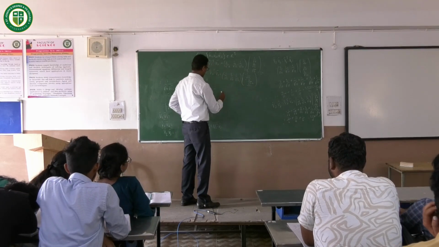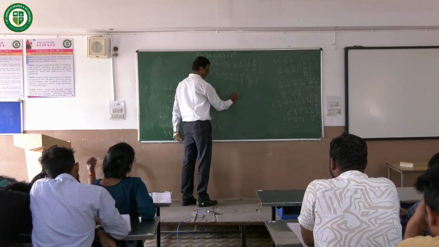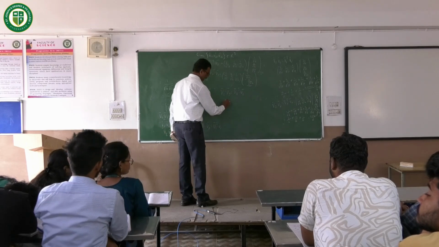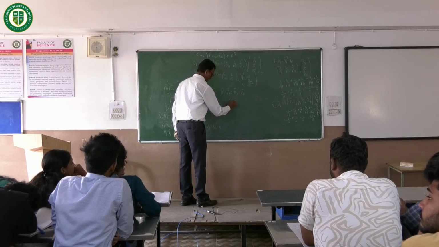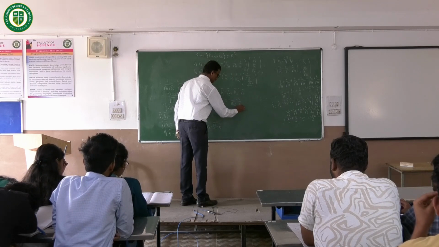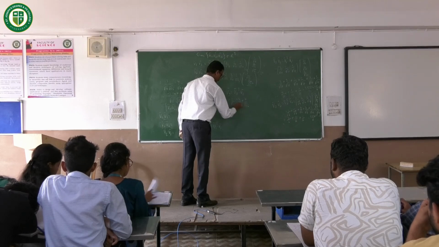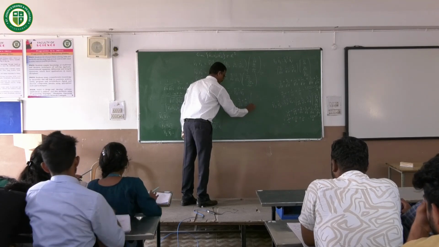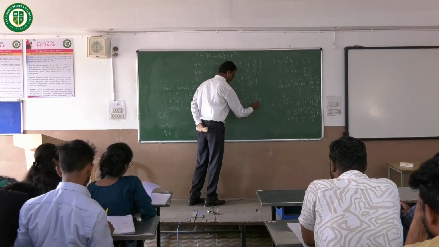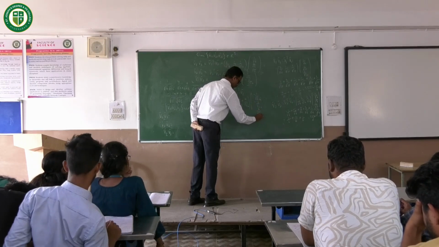This is a long type of question. V3 bar into V3 bar is equal to V3 bar transpose into V3 bar. So you can write V3 bar as minus 1 by root 66, minus 4 by root 66, plus 7 by root 66 into the same product: minus 1 by root 66, minus 4 by root 66, 7 by root 66.